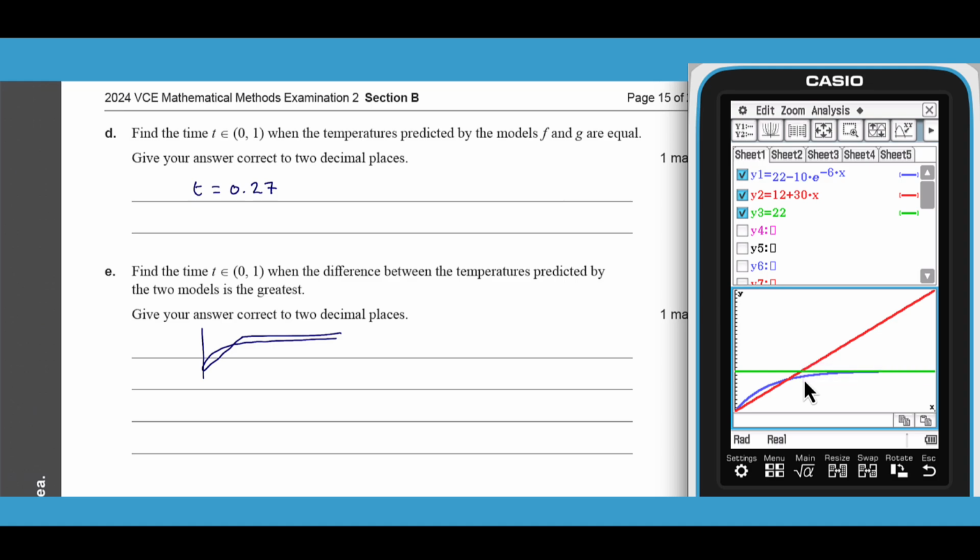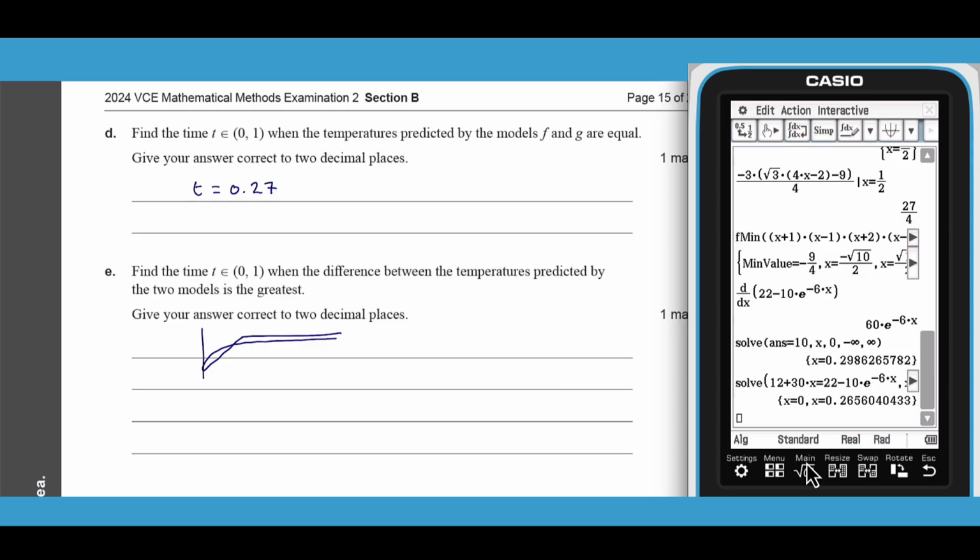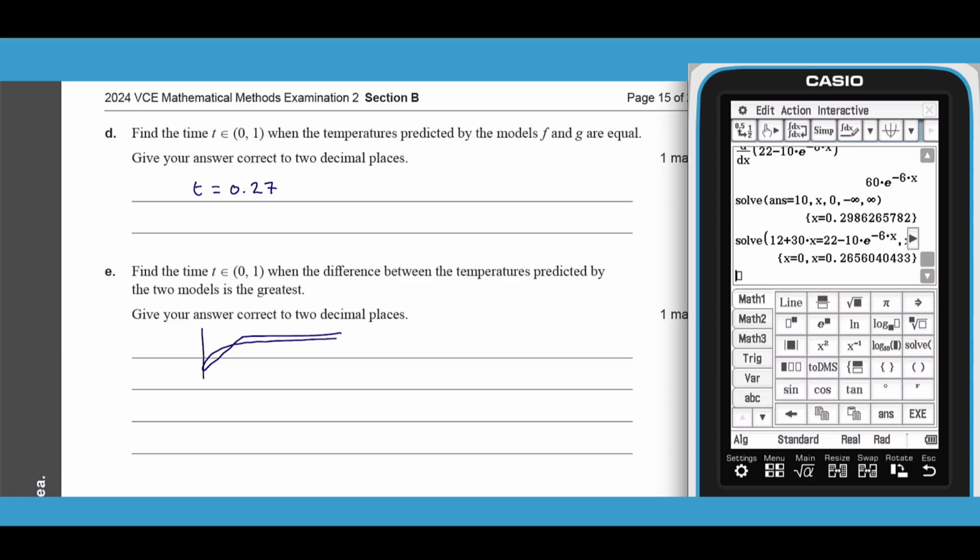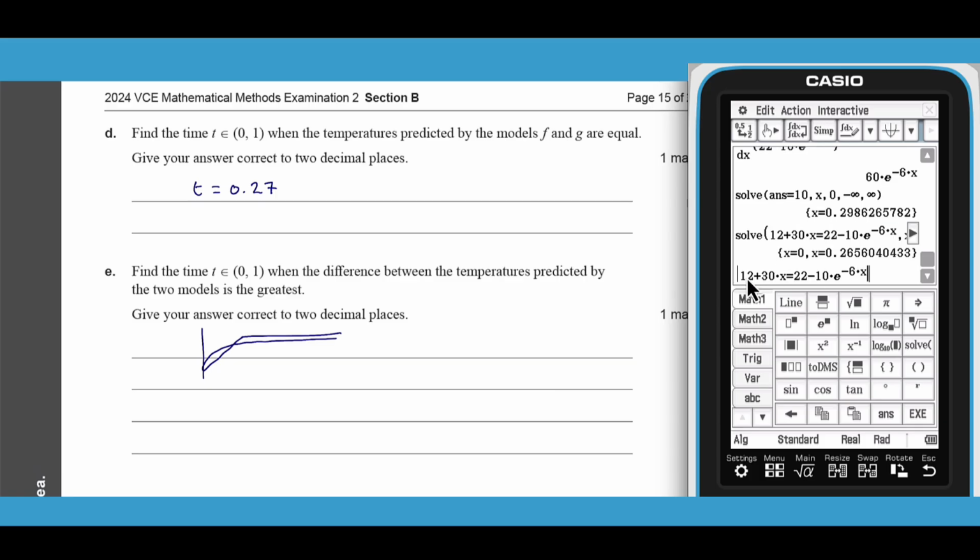To find when the difference between f of t and g of t is greatest, I'm going to head back to the main app and consider the absolute value of g of t minus f of t. First, I'll grab the absolute value bars from the Math 1 keyboard, and into them I'm going to drop the input line where I equated g of t and f of t.